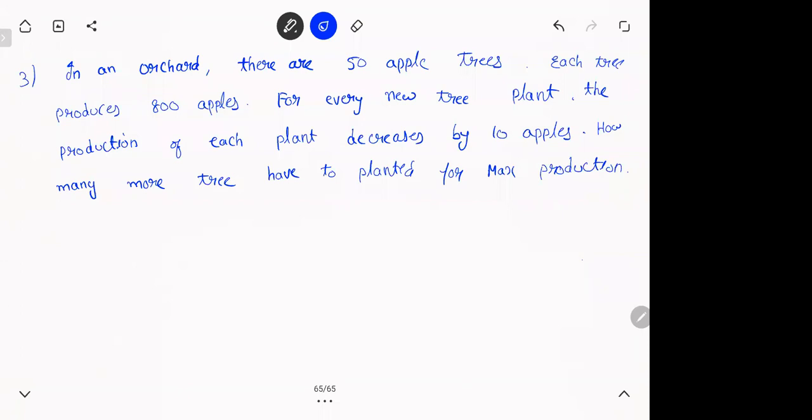First thing, let the production be P. Let the total number of apples produced now be P. So basically, you want to maximize the function P and let the number of new trees be X.